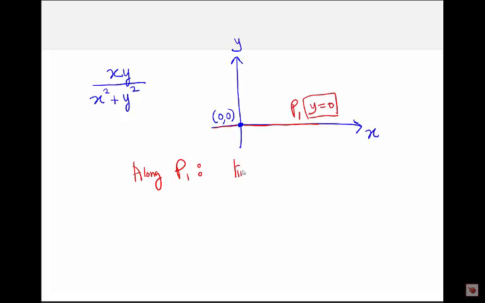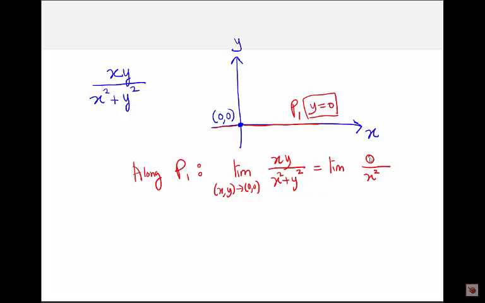Well, in this case, we can always substitute y equals 0 into the expression for the function, and hence this limit can be written as the limit of the function x times 0, which is 0, over the denominator, which is now x squared, since y is always 0.